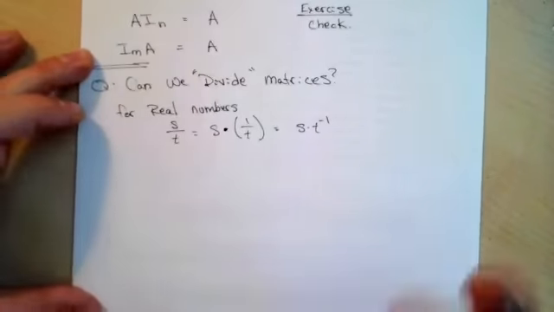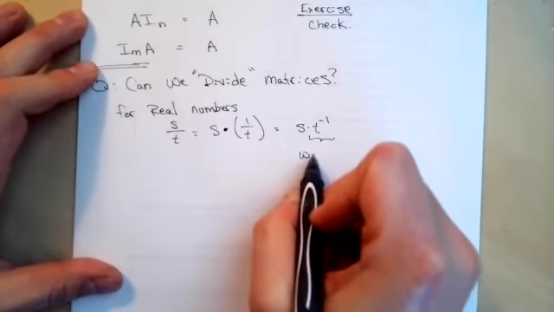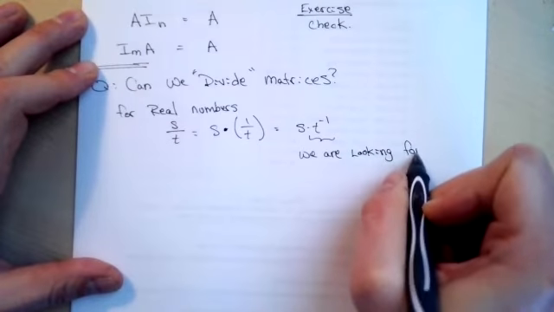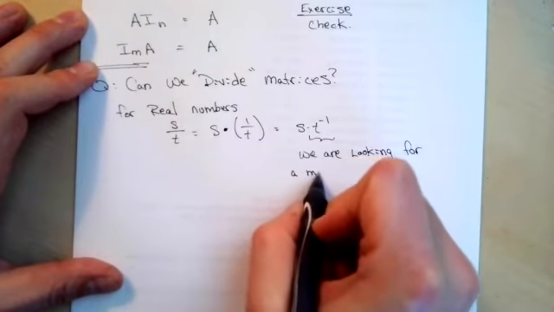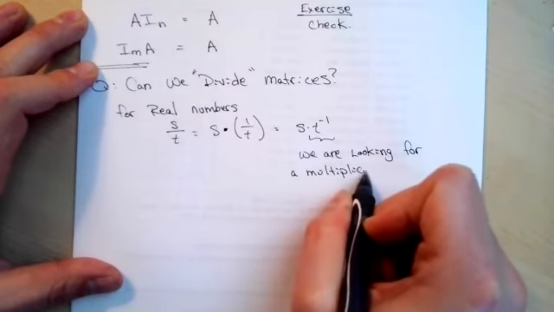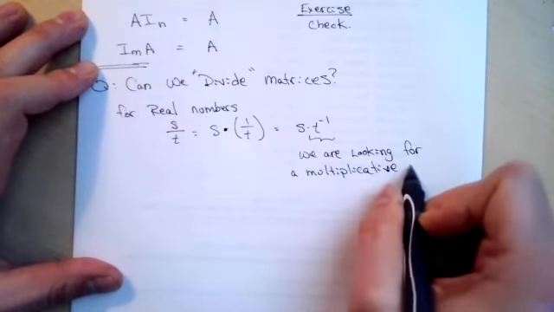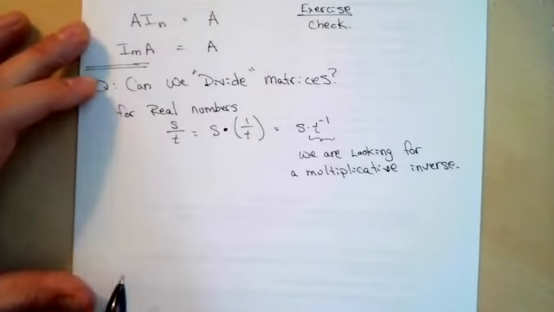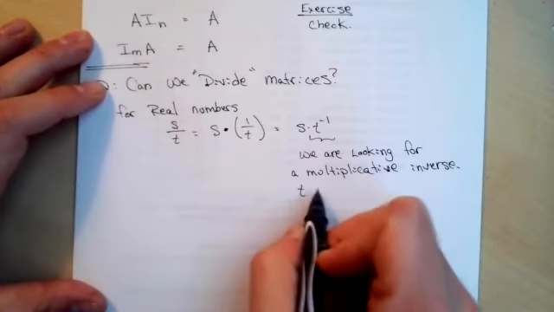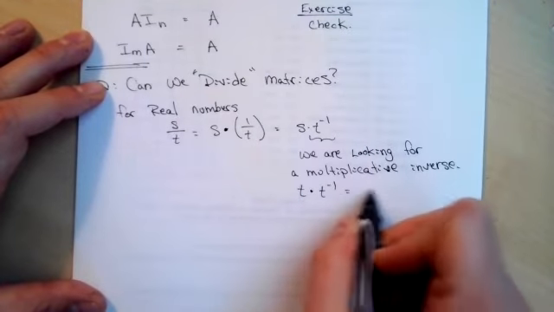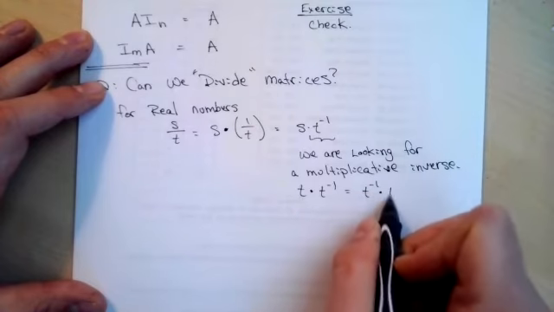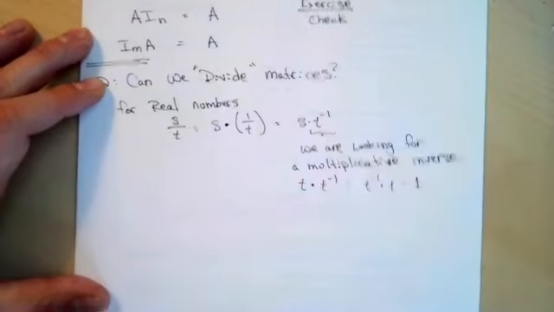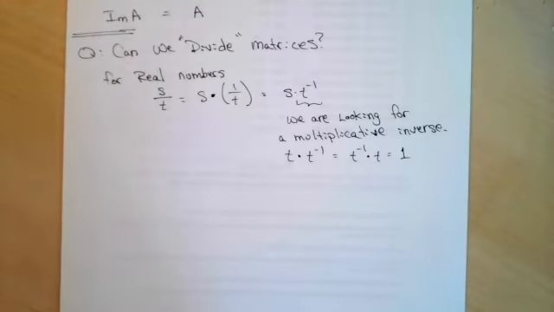In other words, the heart of division is really looking for a multiplicative inverse. What is this t to the -1? It has a property where if I take t times t inverse, or if I flip the order around, t inverse times t, we get back our multiplicative identity for the real numbers.